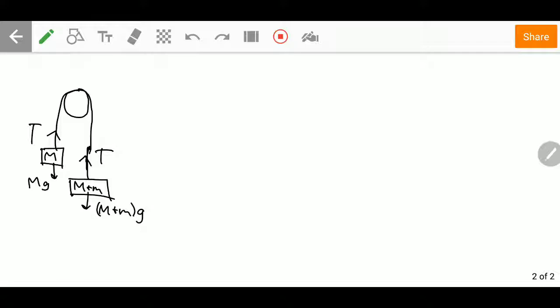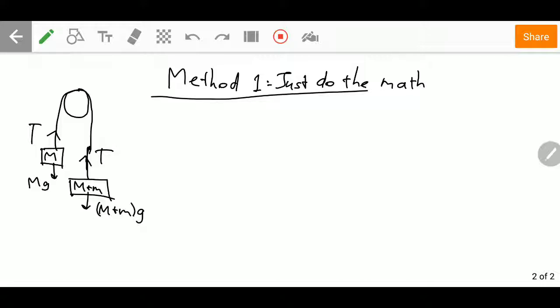And so in this first method of solving the problem, we're just going to work through the equations without any special ingenuity and just see where the mathematics leads us. So I'm just going to say method 1, just do the math. For the block of mass M, what is the equation we get?